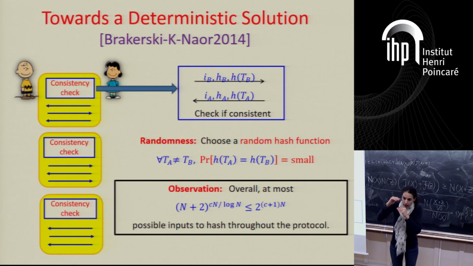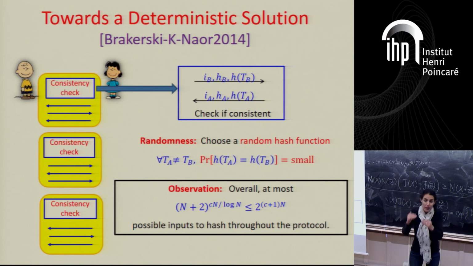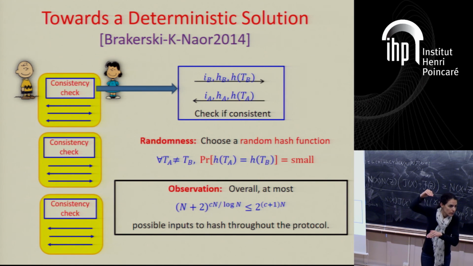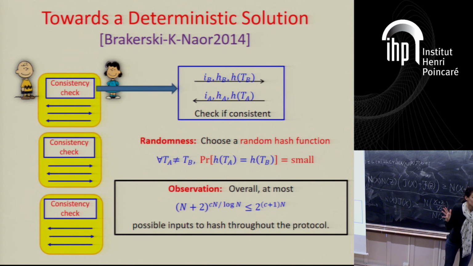He can only make you add a chunk. For the next round, he can either make you add a chunk, in which case there are log n bits and he can choose which log n bits he wants you to add, so it's n options. Or he can make you delete a chunk or wait. So at any point, the adversary can make you do only n plus 2 things.